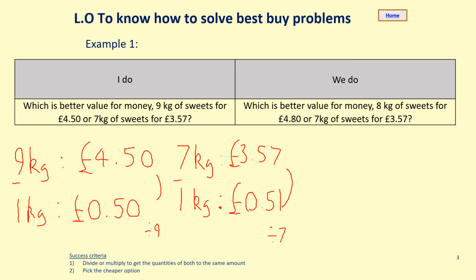And then it's up to you to compare those two, which one's cheaper. Which we can see, deal 1 is 50p, deal 2 is 51p. That means this is the cheaper option. And you can just show that by circling it, okay? So please pause the video there, copy that one down, and then work through the we do for me as well.